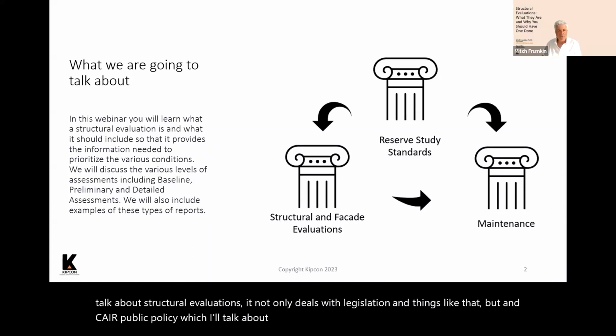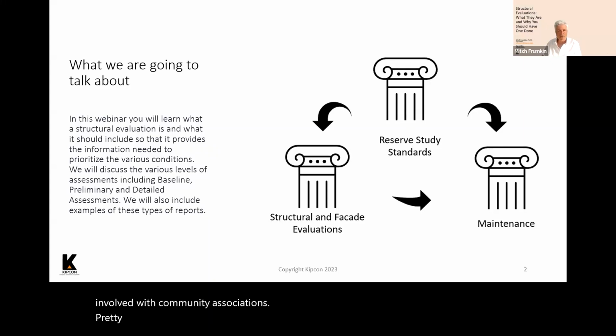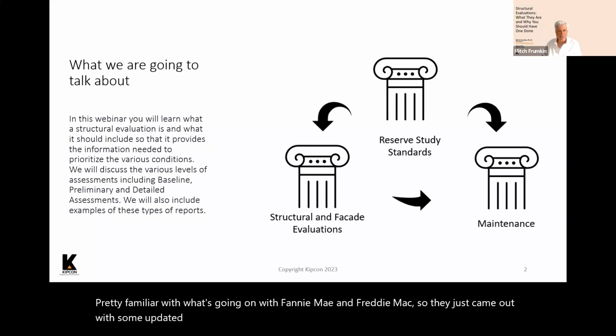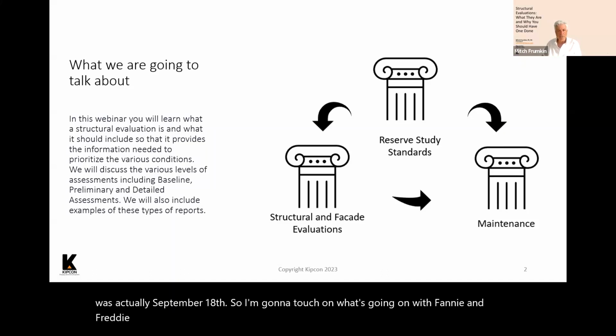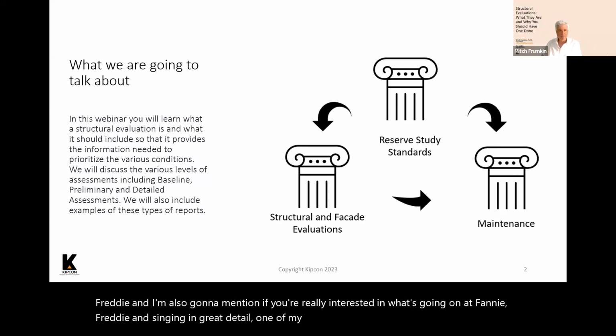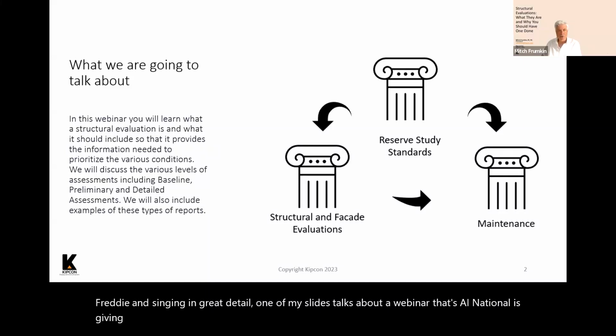If you're involved with community associations, you're pretty familiar with what's going on with Fannie Mae and Freddie Mac. They just came out with some updated guidelines as of September, in the last couple of weeks. I think it was actually September 18th. So I'm going to touch on what's going on with Fannie and Freddie. And if you're really interested in seeing it in great detail, one of my slides talks about a webinar that CAI National is giving Thursday, tomorrow afternoon.